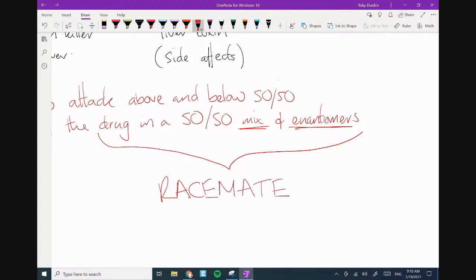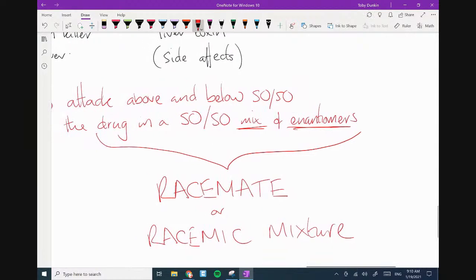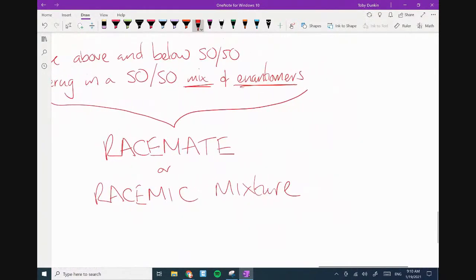A racemate or racemic mixture, whichever one you want to call it. They are the same thing, just other words.